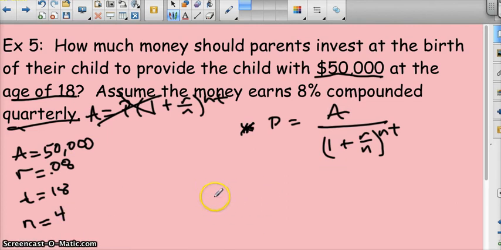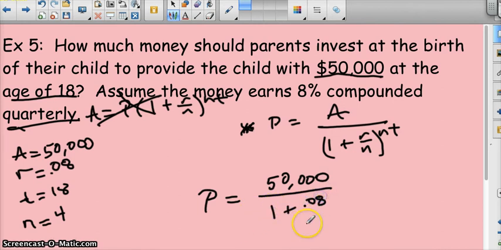So, if our P equals, the A was 50,000, divided by 1 plus R in this case is 0.08. The N in this case is 4. And we are taking this to the NT power. Well, N is 4, and T is 18.